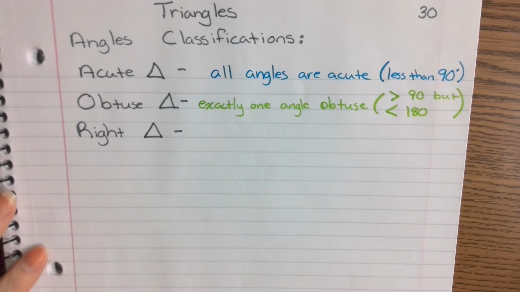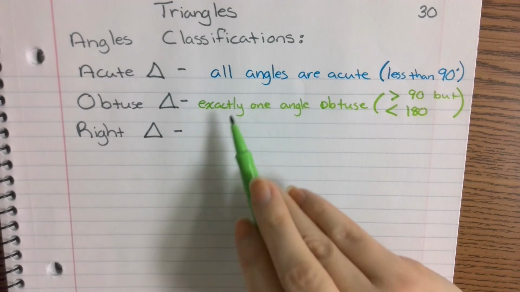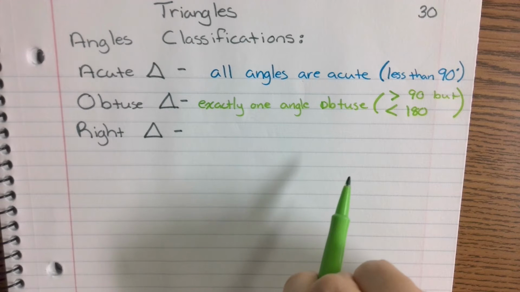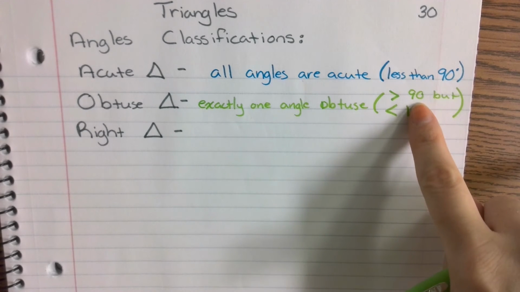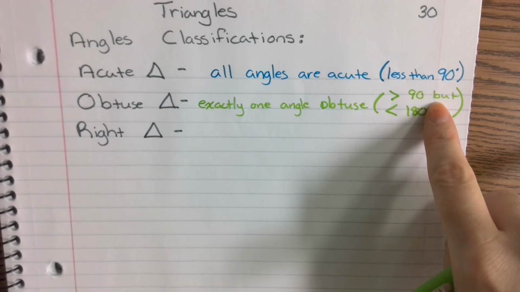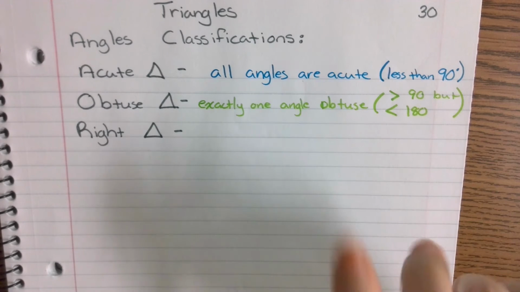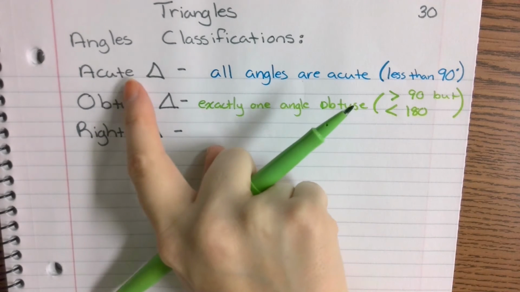It is greater than 90, but less than 180. And it can only have one obtuse angle. It cannot have more than one, because remember, I told you before that all triangles equal 180 degrees. If I've got two angles that are larger than 90, I'll have no room for a third angle. It won't be able to create a triangle. So you can only have one angle that is obtuse. The rest of the angles have to be acute.